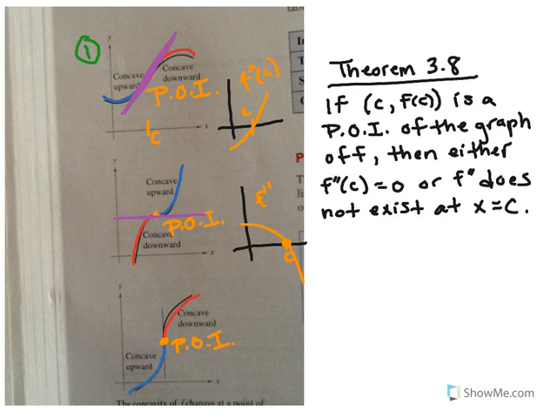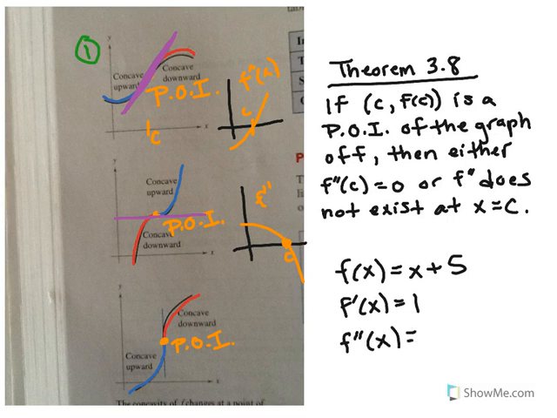For example, if we have f of x equals x plus 5, the first derivative of this function would be 1. So then what is the second derivative? And that would be the derivative of any constant, which is nothing. So we might have a case like this, or what if I have f of x equals 2?